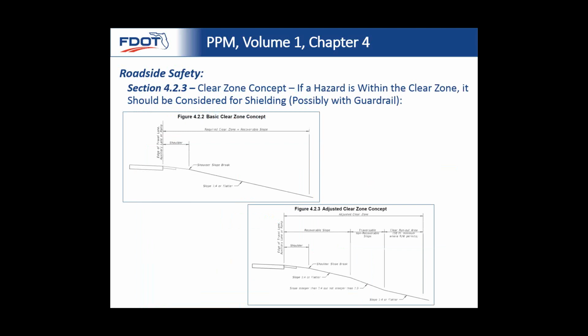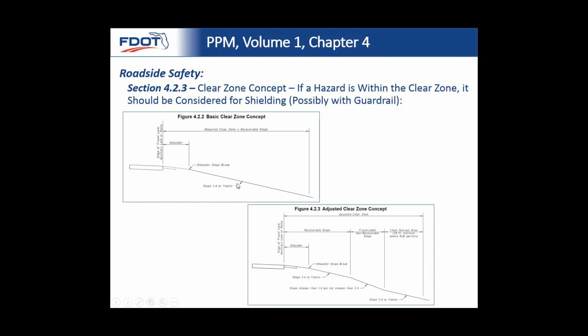Going through some of the updates that we made, we're not going to cover every PPM update that occurred, but we'll try to highlight the issues surrounding guardrail, and primarily one of those being the clear zone concept, which was highlighted in the previous Chapter 4.